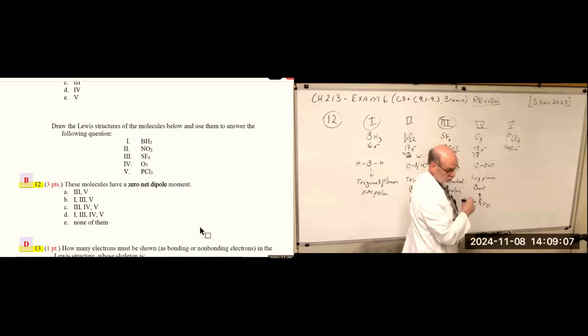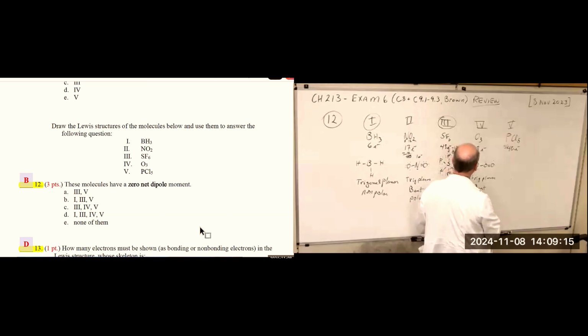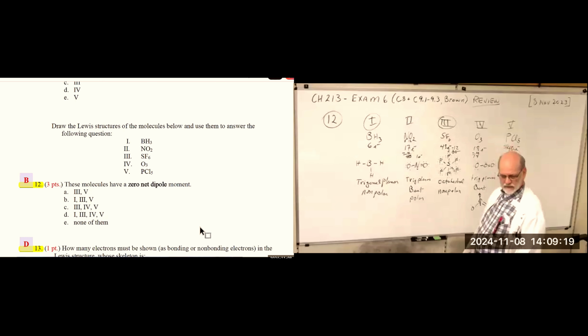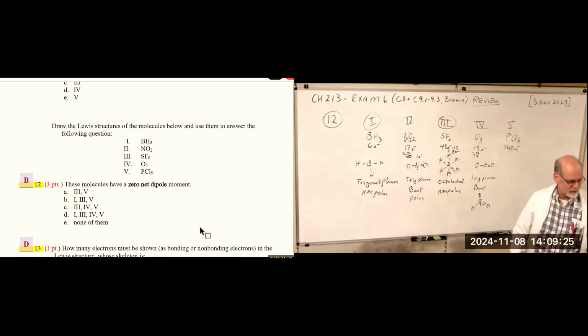So this should be polar, slightly, because it has that extra lone pair up here. So I'm not going to include that one in the nonpolar set. Now, does that run contrary to the answer? No. Okay. So I made the correct assumption, I think.